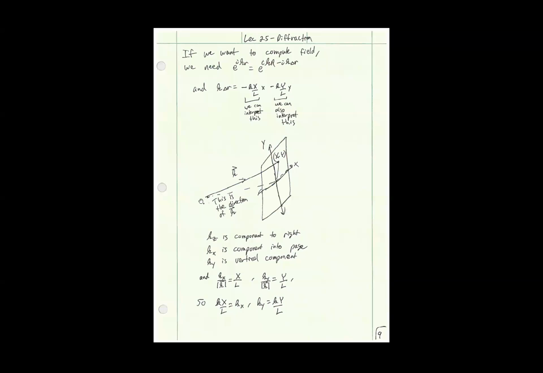If we think of the k vector as going from our aperture to a point on our detector, then we can interpret the k vector geometrically, and we can say that the k vector is in the same direction as r, the vector from the center of the aperture to a point on the detector. And kx would just be opposite to this here, and ky would be opposite to that. And the ratio of kx to the length of k would be the same as the ratio of big X to this distance.